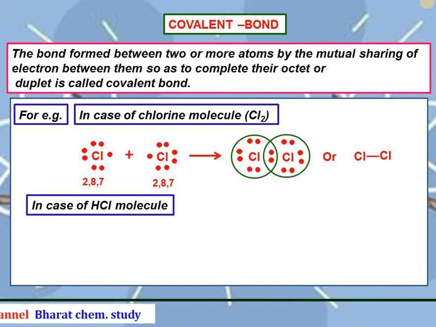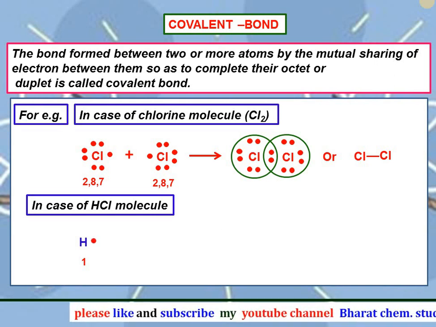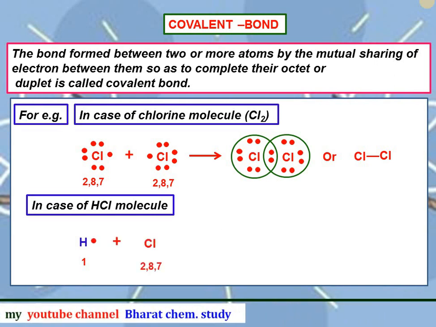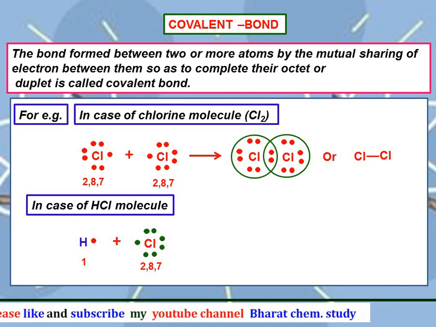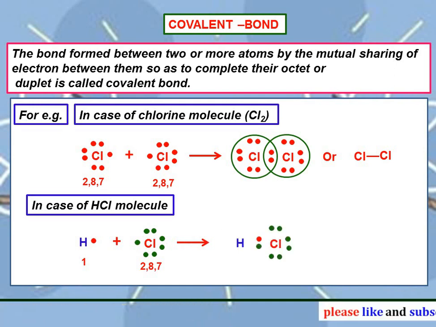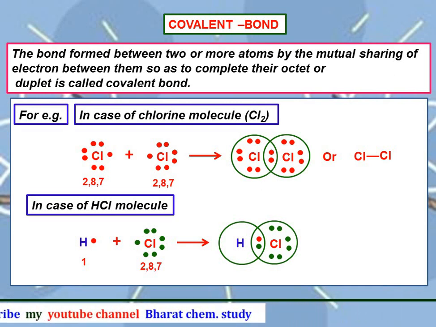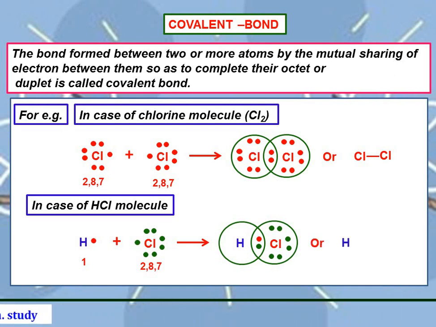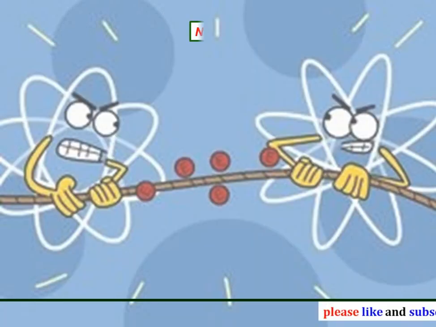Now one more example. In case of HCl molecule, hydrogen has only 1 electron and chlorine has 7 valence electrons. None of them are in a position to lose or gain electrons, so they will share electrons with each other. As a result, hydrogen gets 2 electrons in its outermost shell and becomes stable, and chlorine gets 8 electrons in its outermost shell and also becomes stable, and the bond formed by the mutual sharing of electrons between hydrogen and chlorine is called a covalent bond.